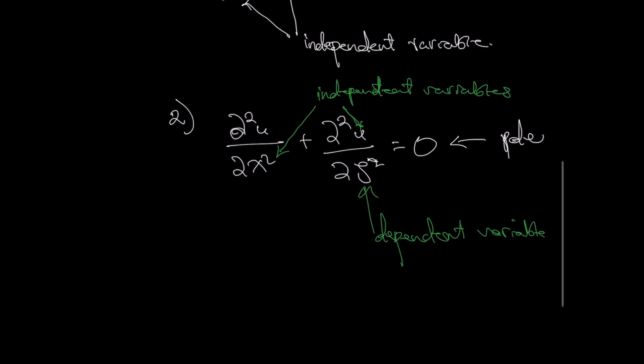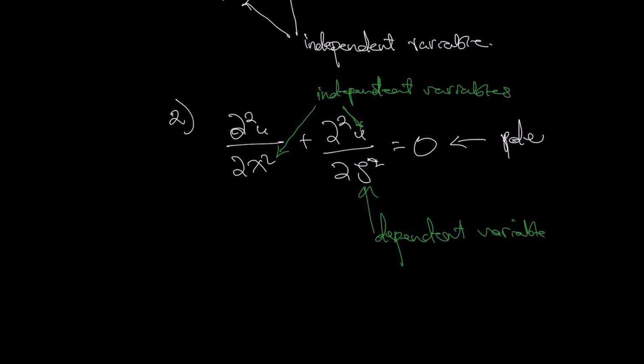So you can see if you have more than one independent variable and the equation is differentiating around them, then you're going to be using partial differential equations, with their own procedures, processes and methods of solving.